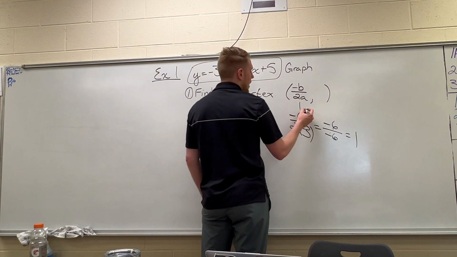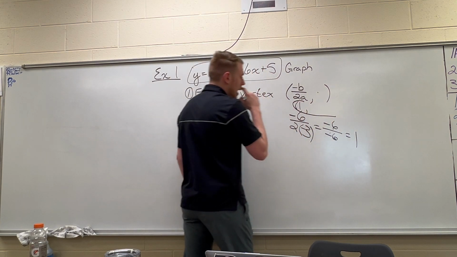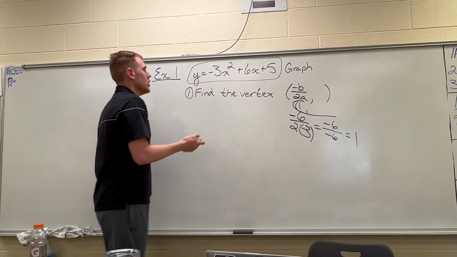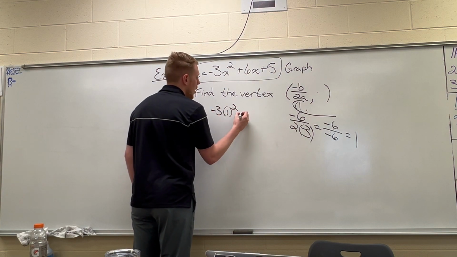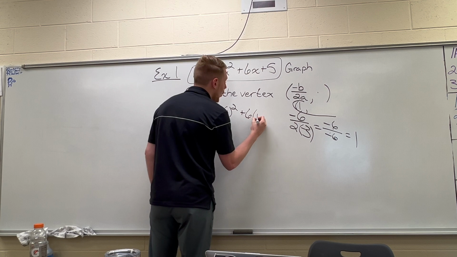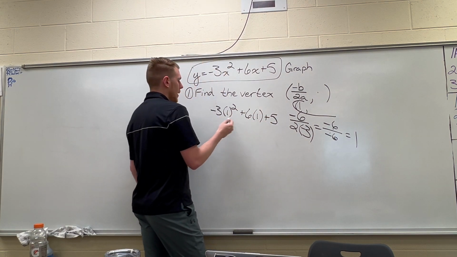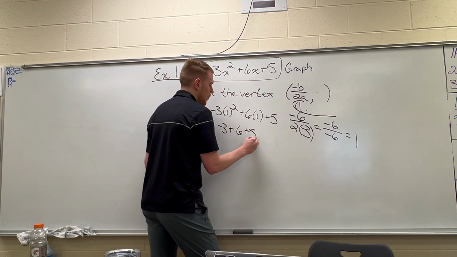So now I need to find out what my y value would be. And simply how I do that is I plug in 1 and find out what it equals. So negative 3 times 1 squared plus 6 times 1 plus 5. Okay? So 1 squared is 1 times negative 3 is negative 3 plus 6 plus 5.